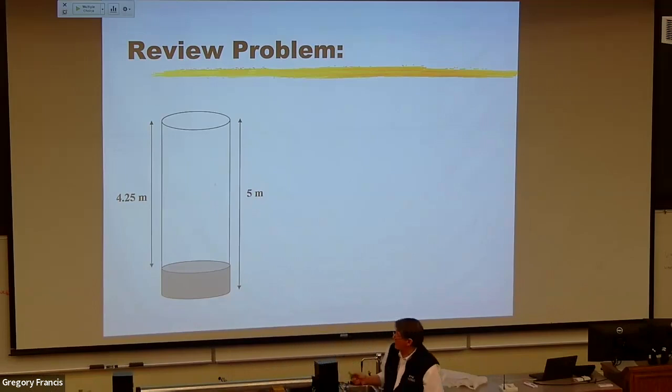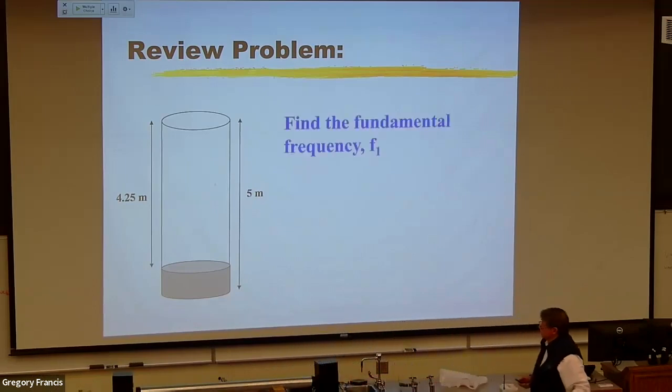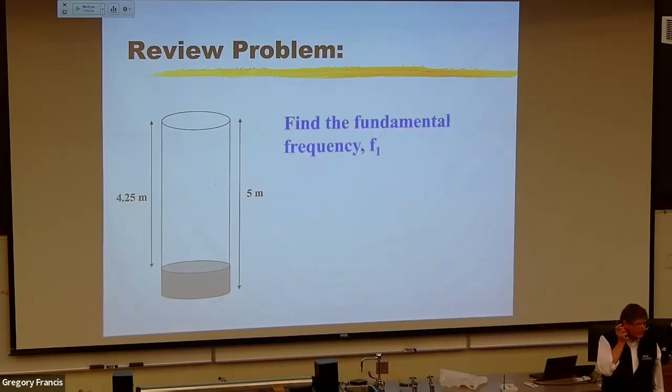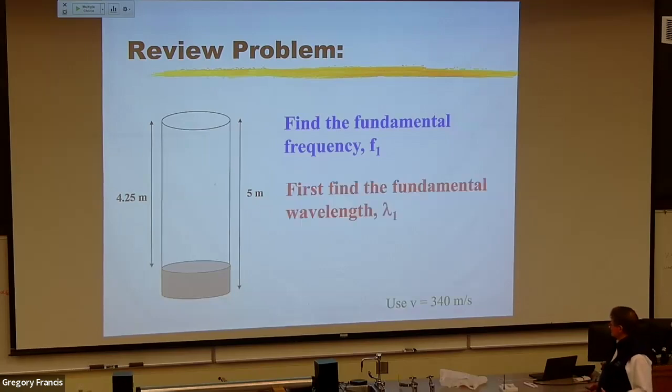And so if I want to know the fundamental frequency, I have to remember that I can't see a frequency. I can't draw a frequency, but I can draw a wave, okay? And I know that the wave is going to look like that.